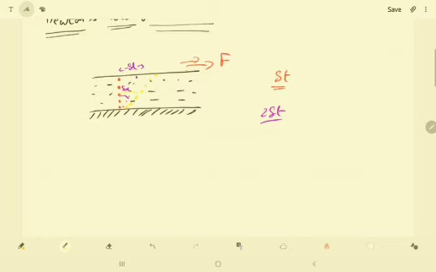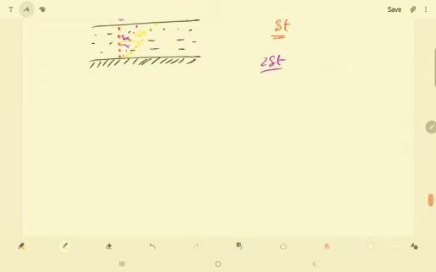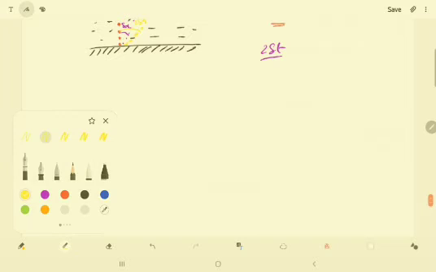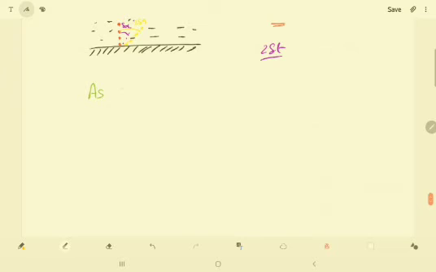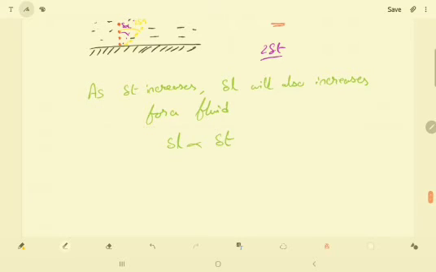Now this angle will be 2 delta alpha, and this length will be 2 delta L. If we go on increasing the time, as delta t increases, delta L will also increase for a fluid. That means delta L is directly proportional to delta t over here.